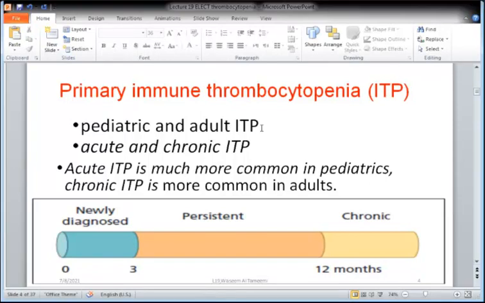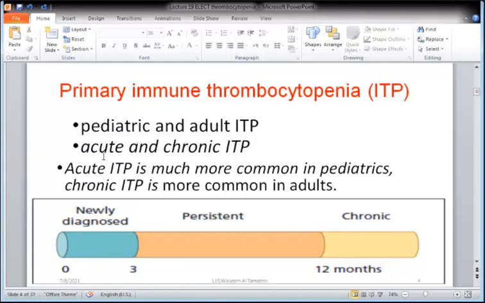It has been substituted by the onset classification, acute and chronic ITP. Chronic ITP indicates that the disease process is extending beyond 12 months. So any persistent disease beyond 1 year is labeled as chronic ITP.